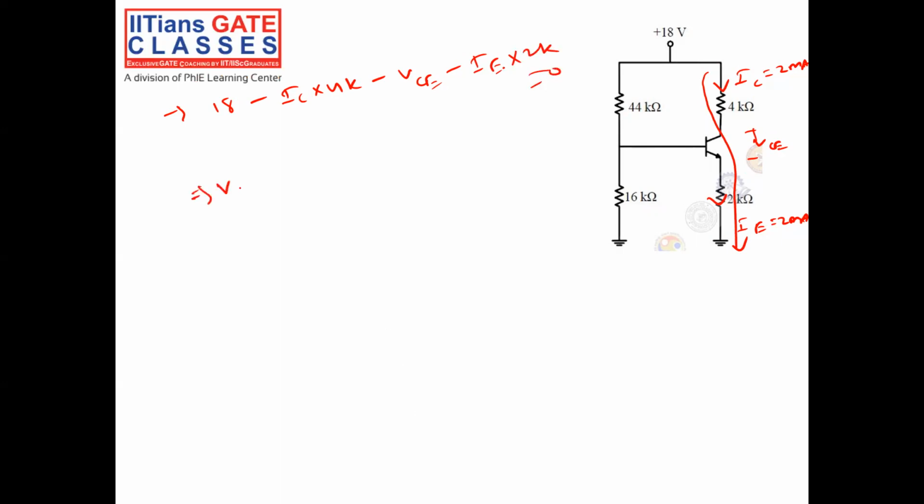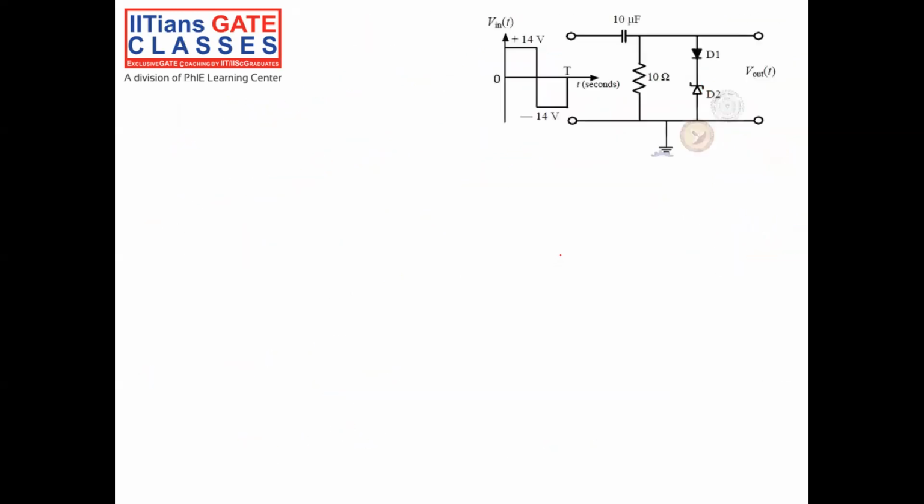So this implies VC is equal to 18 minus IC, which is 2 milliampere into 4K, minus IE, which is 2 milliampere into 2K. So it is equal to 18 minus 4 into 2, which is 8 volt, minus 2 into 2, which is 4 volt. 18 minus 8 minus 4, that is 18 minus 12, which is 6 volt. So the answer should be 6 volt.